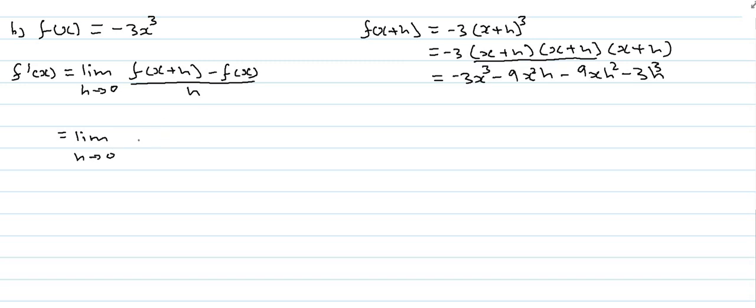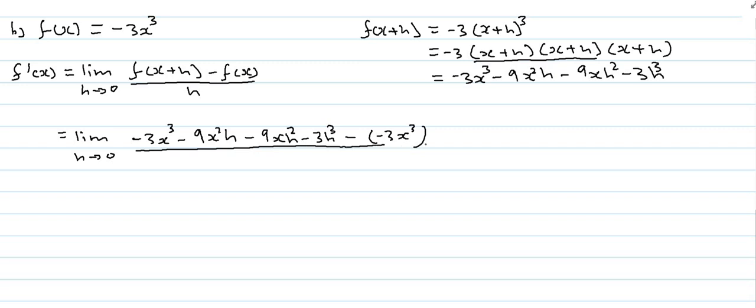F of x plus h is negative 3x cubed minus 9x squared h minus 9xh squared minus 3h cubed, minus f of x inside the brackets, which is negative 3x cubed, all divided by h.